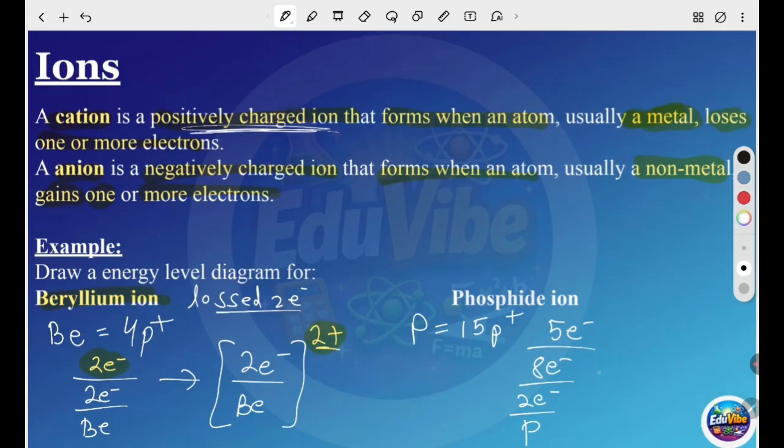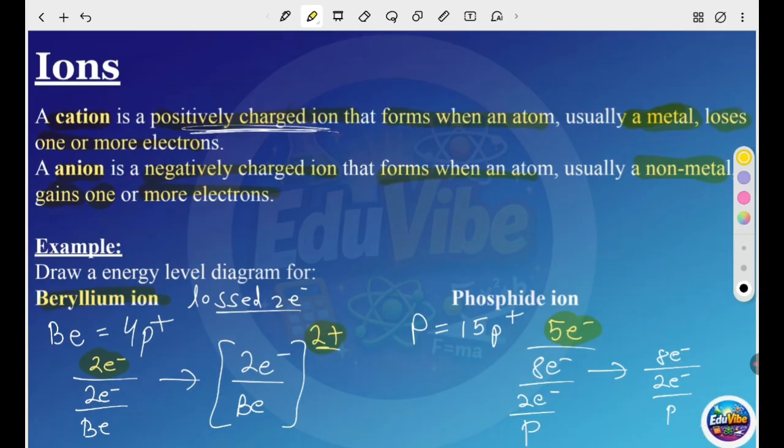Okay. So now we make it like this. Again, we have 2 electrons, then 8 electrons. Now, here we have 5 electrons. So either they gain 3 more electrons to get stable, to get 8 electrons, and the outermost shell will be full, or they lose their 5 electrons and get stable.